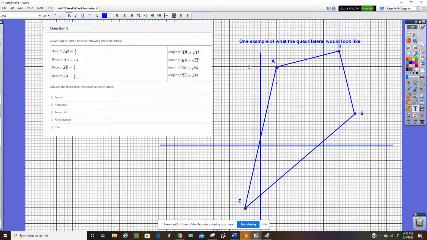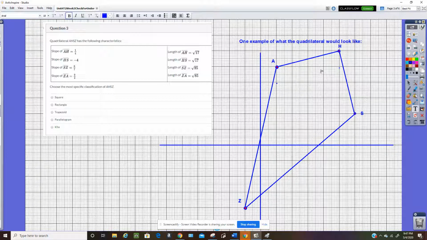In number 3, I did one of the possibilities of what the quadrilateral might look like by using the slopes here. The slope of AH went up 1 and over 4, so it's 1/4, and then HS went down 4 and over 1. Then from A to Z would be down 9 and over 2, and this slope is 6/7.